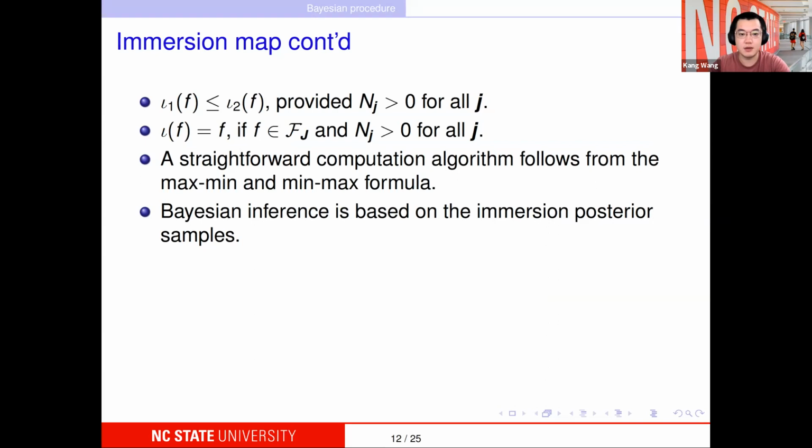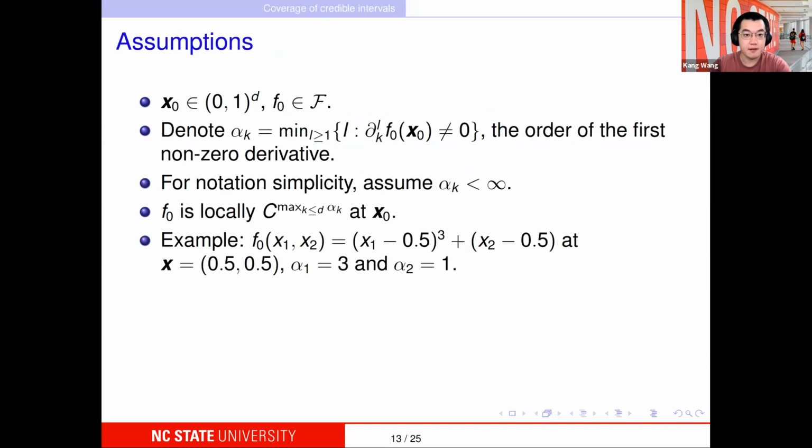Until now, Bayesian inference can be made based on the immersion posterior samples. But we want to study if we can find the weak limit and study the frequentist coverage. Yes, we can.